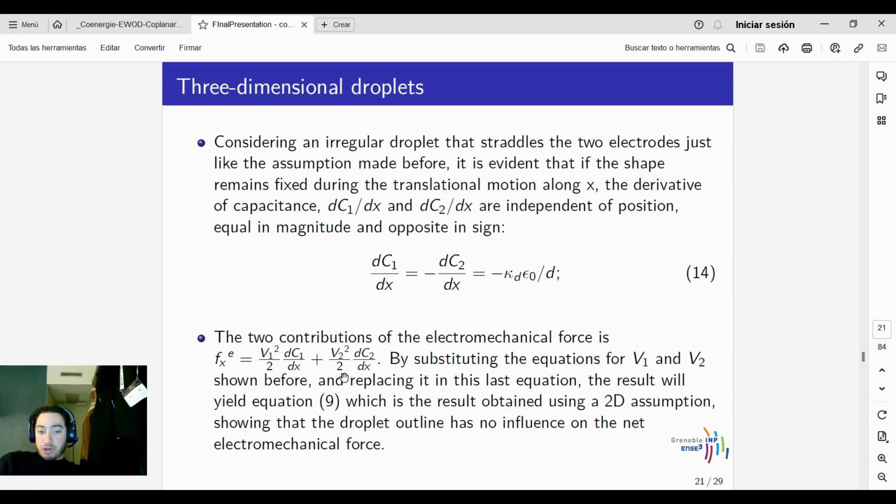So it shows that the droplet outline has absolutely no influence on the net electromechanical force, so every 3D configuration can actually be seen as a 2D one.